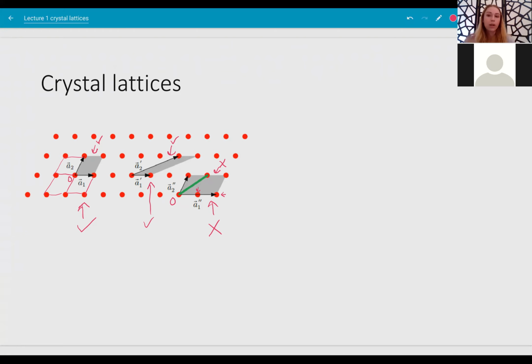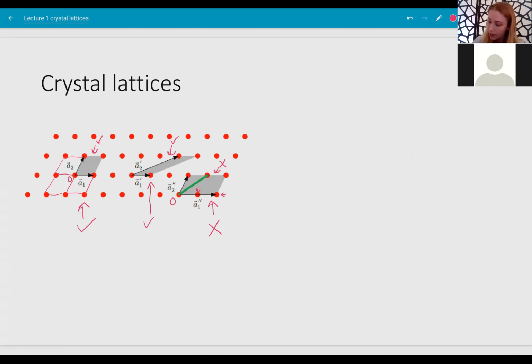So 1/4 times 4 is 1. This is just a reminder that if you have a lattice point either on the edge or on the corner of your primitive cell, or your unit cell more generally speaking, then you need to think about how many adjacent cells this corner point is being shared with. Okay, so that is the first property.